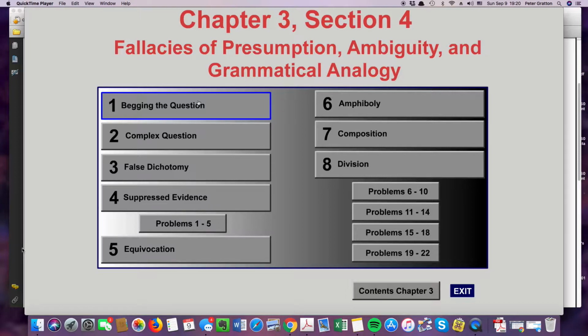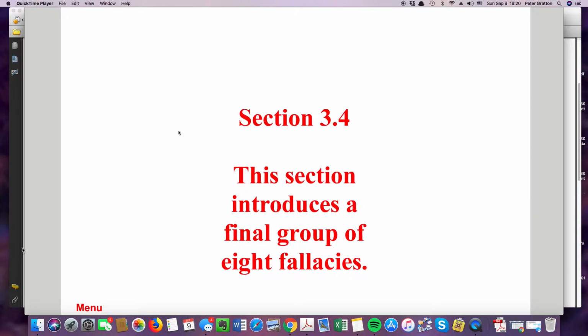Okay, so let's begin with begging the question. This will be the last of the final group of 8 fallacies. In everyday parlance, I've noticed even on Twitter and elsewhere, that people will argue over, well, why can't we accept the more common definition of what begging the question is? It has a very specific meaning, which we're going to use now, which many people want to still hold to.